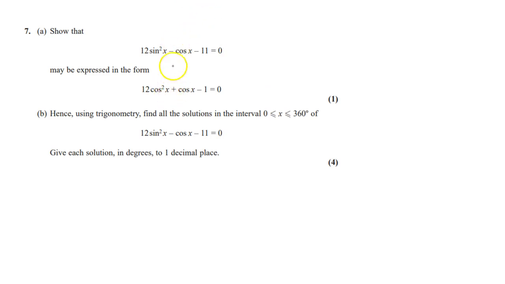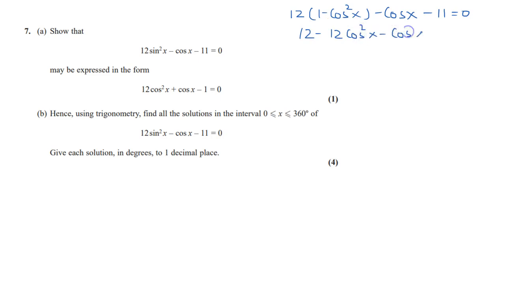Question number 7. This is sine square, so change it into cos. So this will be 12 times 1 minus cos square x, minus cos x, minus 11 is 0. So this is 12 minus 12 cos square x minus cos x minus 11 is equal to 0.